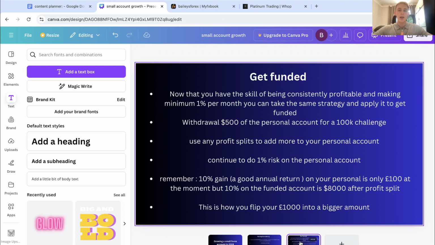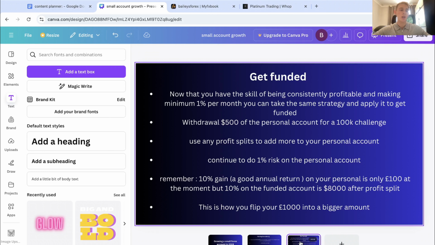And we don't want to discard the personal account altogether. What we want to do is, now that we have that funding, we want to use any profit splits to either increase our funding, but also to add any of the profit splits to our personal account, so that is building up very nicely alongside our funding. And we're going to continue to do 1% risk on the personal account, and I would increase this in increments.